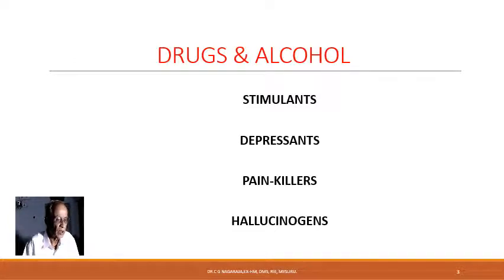We know a large number of youths studying in degree classes, both boys and girls, sometimes become victims of that. We cannot avoid that, but you should be careful about these drugs and alcohol which may do all the four functions. So we will try to know a little more about these things in the next PPT.